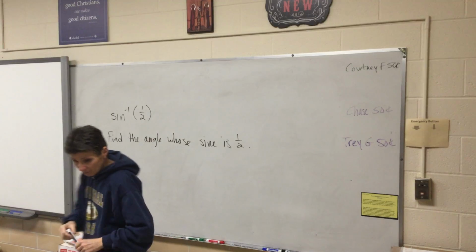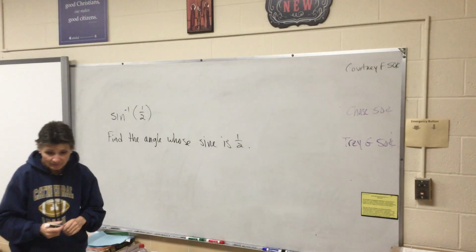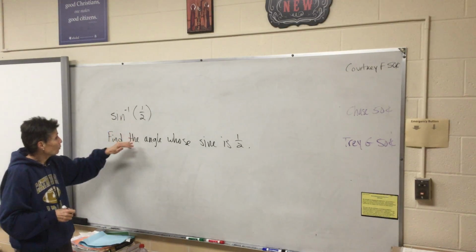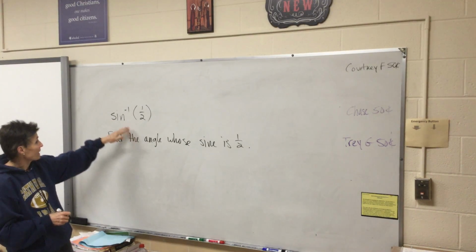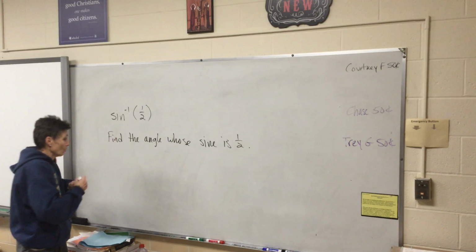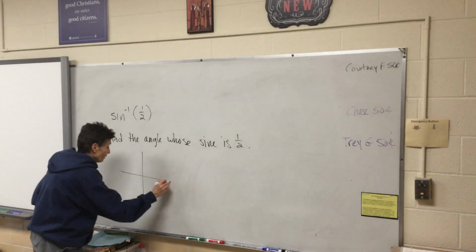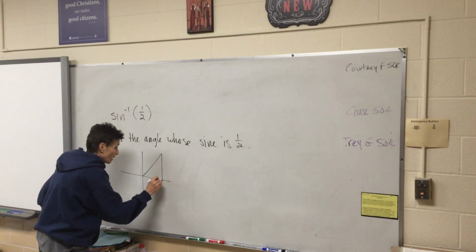So again, we're on section 4.7 of our notes. Problem number 1 says, literally, find the angle whose sine is 1/2. So I'm going to draw my triangle right here in quadrant 1.